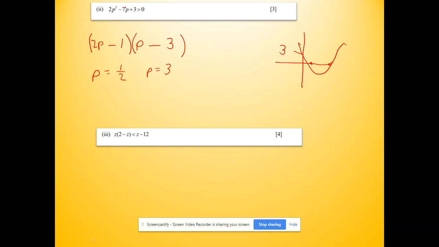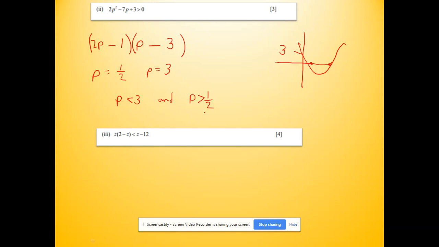We want this inequality to be greater than 0, which means our p value has to be less than 3 and greater than 1/2. And that would be our answer there. So p greater than 1/2 and p less than 3.